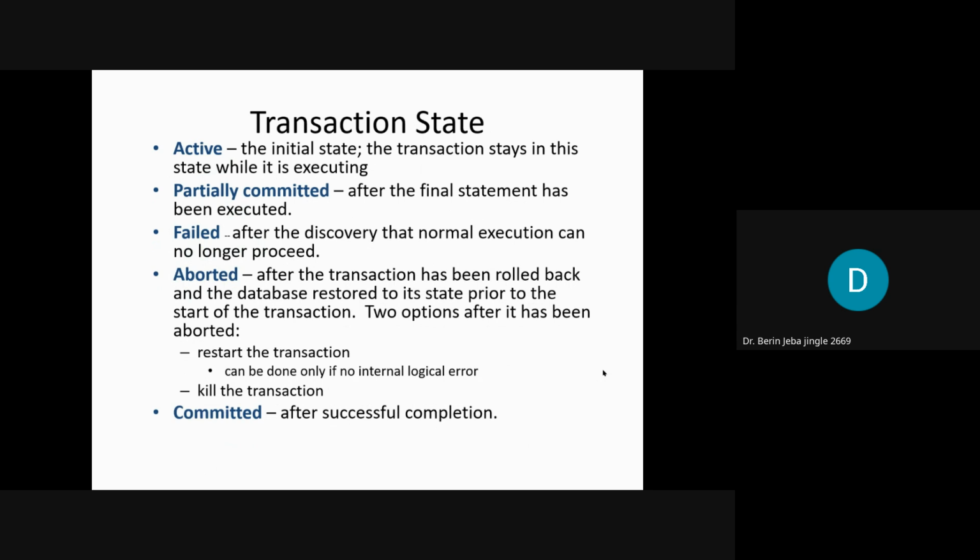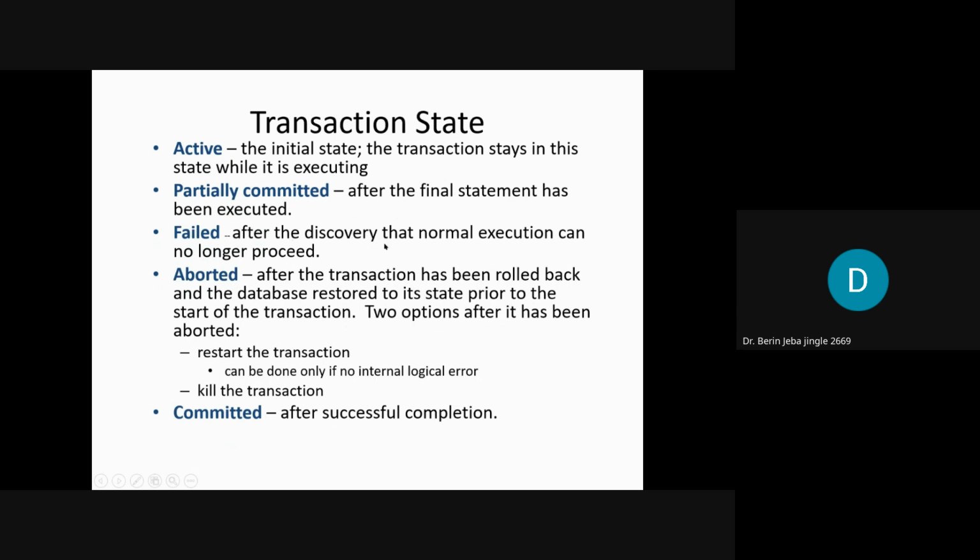The transaction states are the active state, partially committed state, failed state, aborted state, and committed state. So these are the various transaction states. The active state is the initial state. The transaction stays in this state while it is executing. Partially committed means after the final statement has been executed.